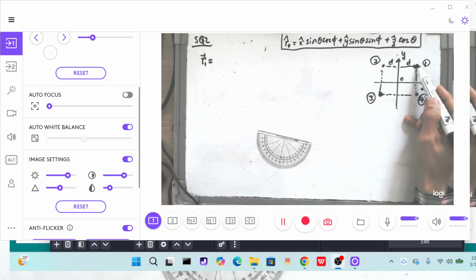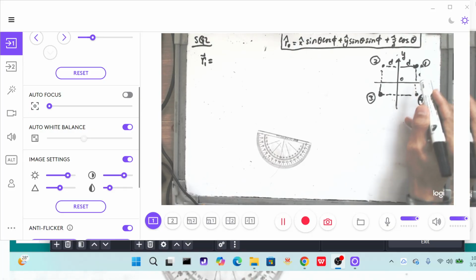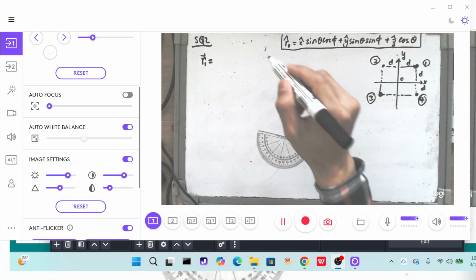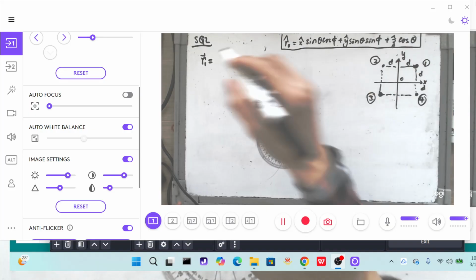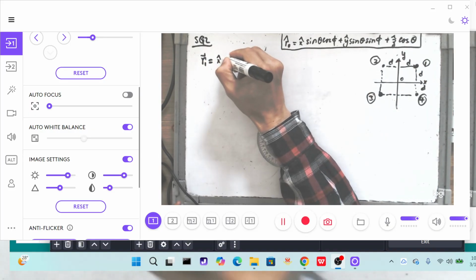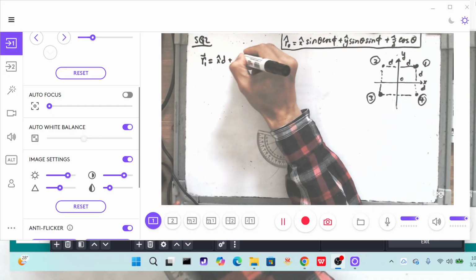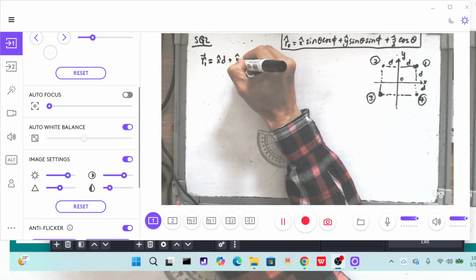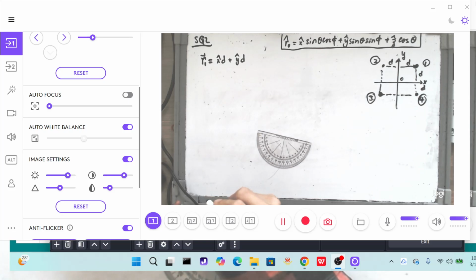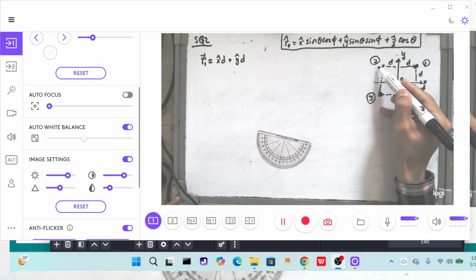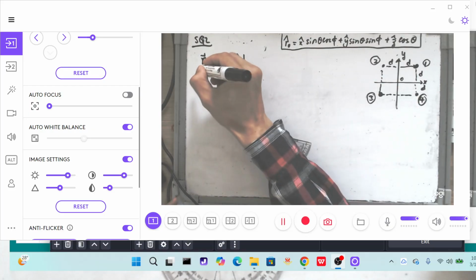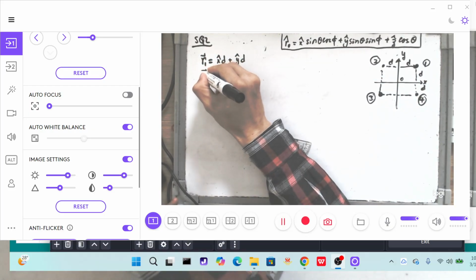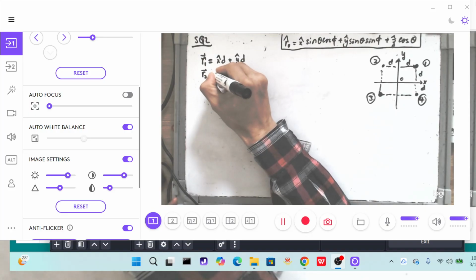If you tell me the xy coordinate is d, and if you want to write it in vector form, it is x hat times d plus y hat times d.